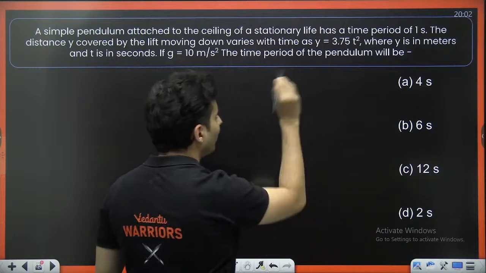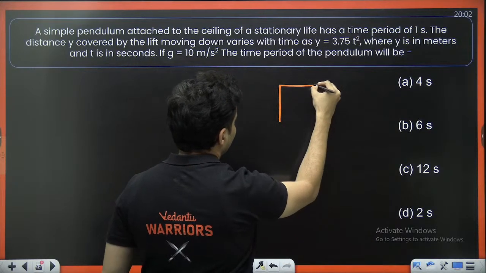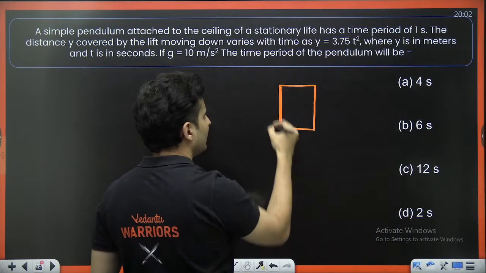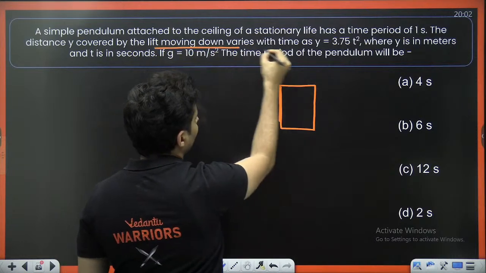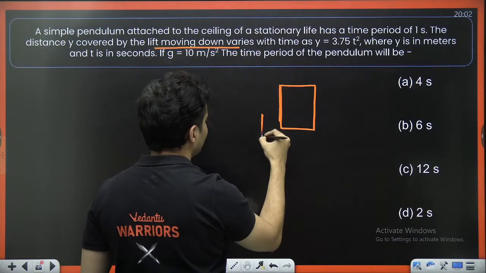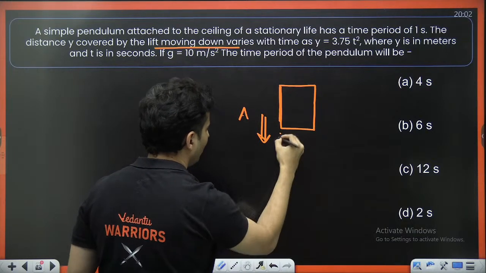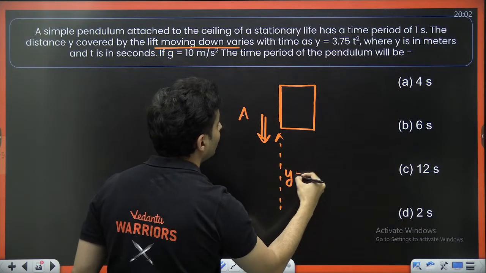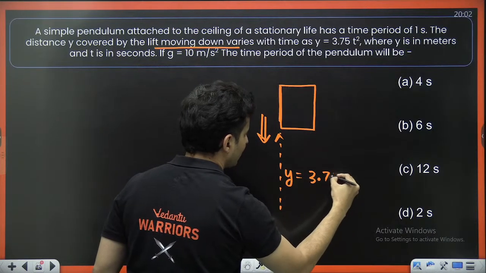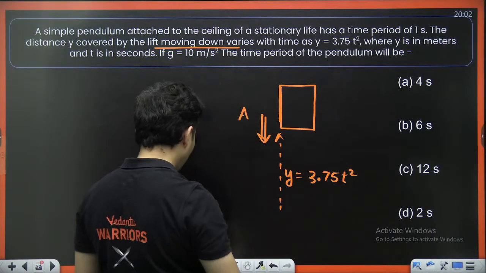Okay. So over here, basically this lift is moving down. So it is accelerating down. This is the acceleration from some point. This is the y value, which is given to be 3.75 t square.